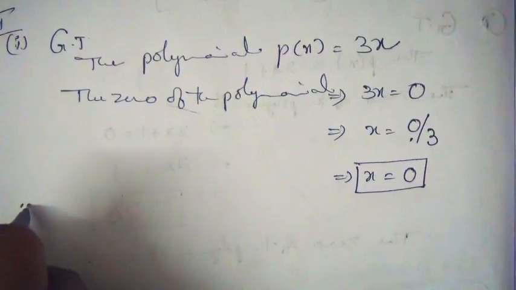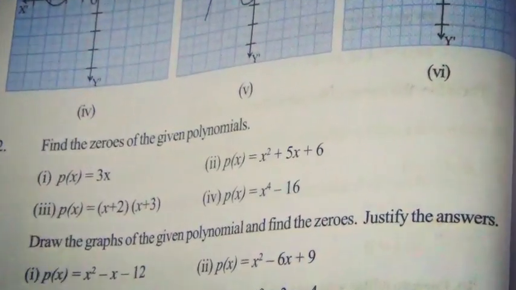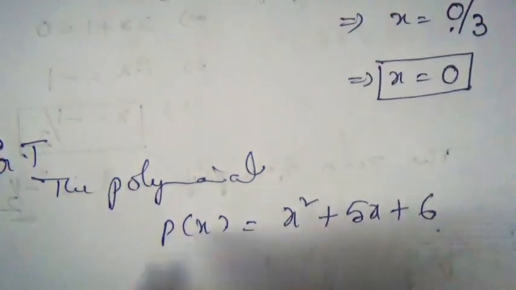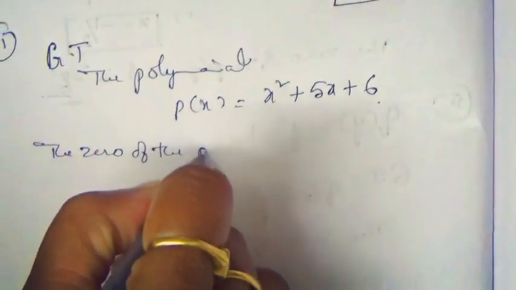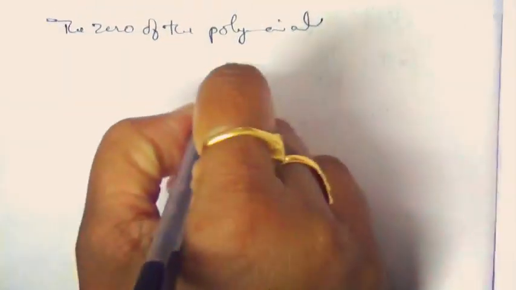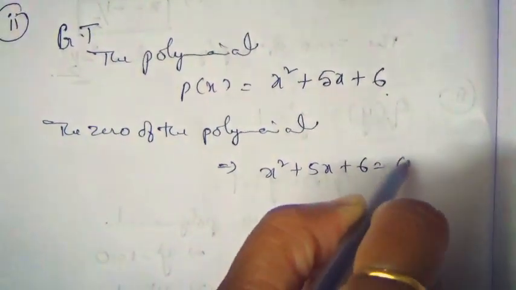Okay, the second sum, that is given that the polynomial p of x is equal to x square plus 5x plus 6. So the zero of the polynomial: that implies x square plus 5x plus 6 is equal to 0.